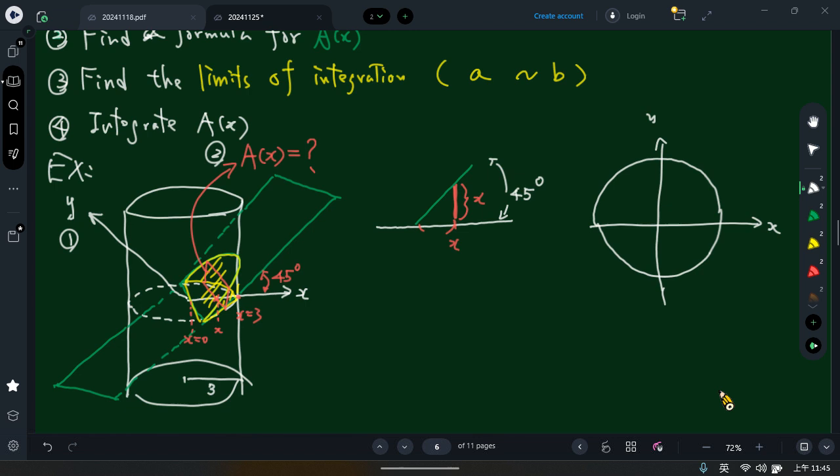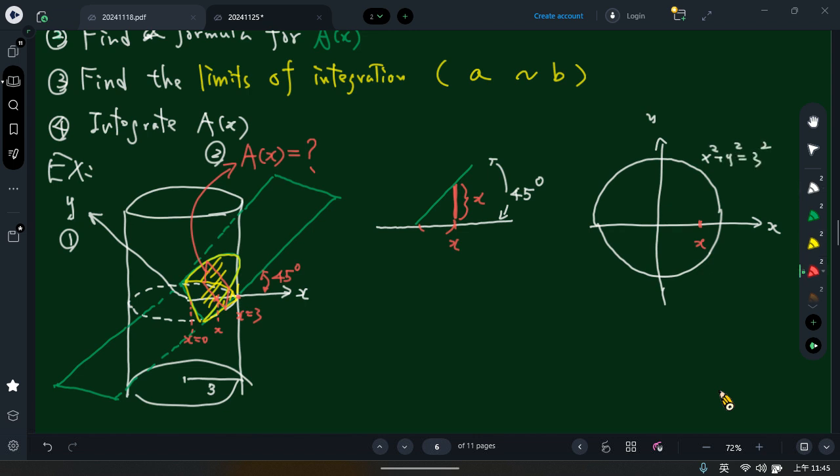Okay. Then again, if the cutting point is X, also here, then this is a circle, right?